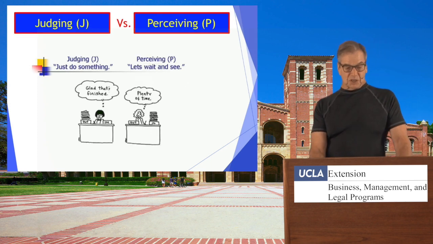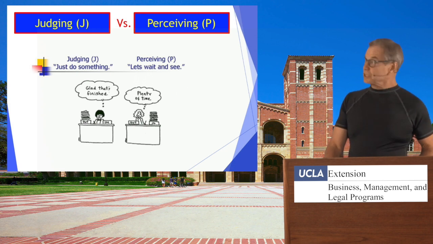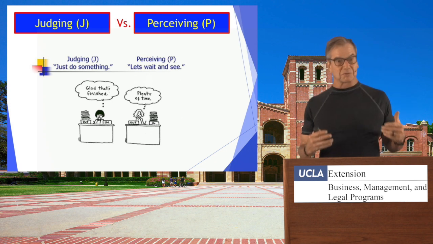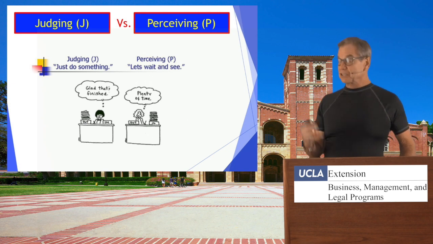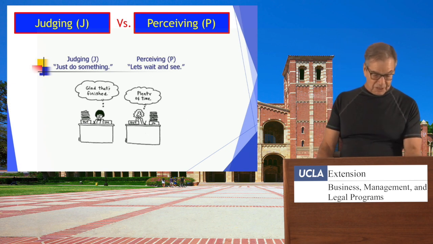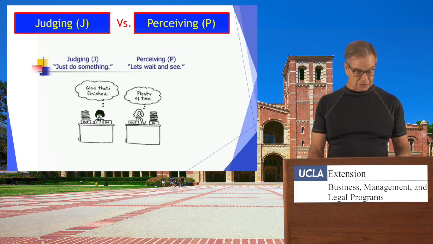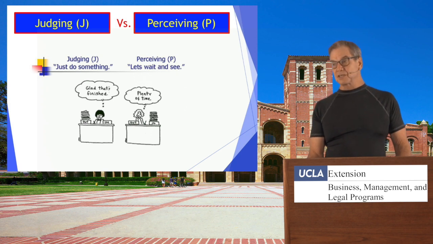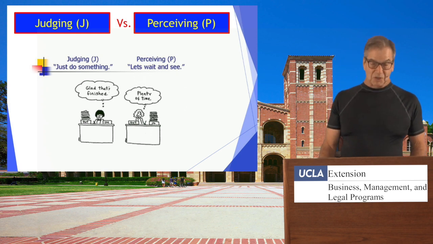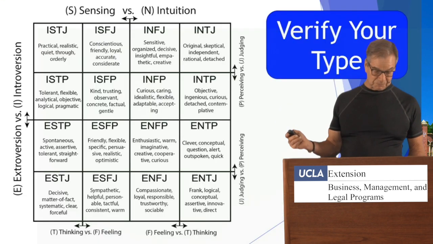And then finally, judging versus perceiving. The judging person says, let's do something. Now let's act in the moment. And the perceiving person says, let's wait and see. The cartoon characters say, glad that's finished, because J people are driven to get things done and feel really good when they do get it done. And the P person says, don't worry, we've got plenty of time. So again, which is you, judging versus perceiving?